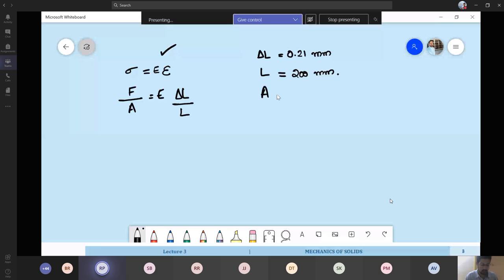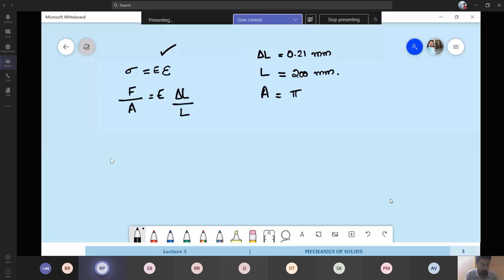We know the diameter, so it's pi into 1.5 whole square into 10 power minus 4 meter square. Okay, pi by 4 square.